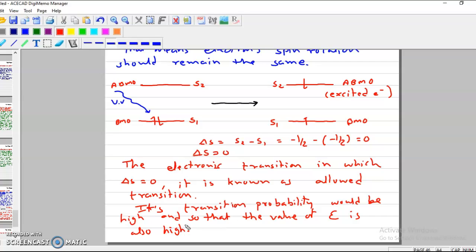And if delta S is not equal to 0, that means if the electron transfers to ABMO with change in spin rotation, then it is called forbidden transition.